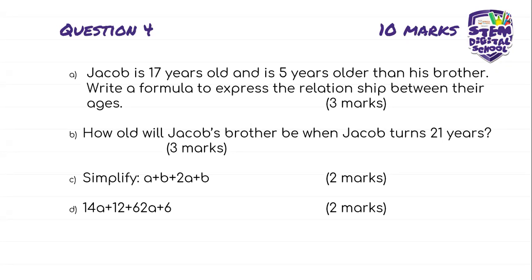I want you to write a formula to express the relationship between the ages of Jacob and his brother. That is A. So you just have to put in the algebraic expression which will show the relationship between the age of Jacob and that of his brother.